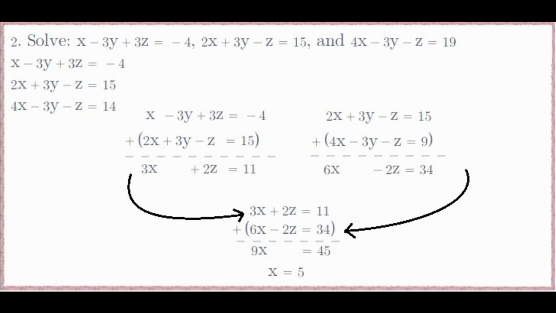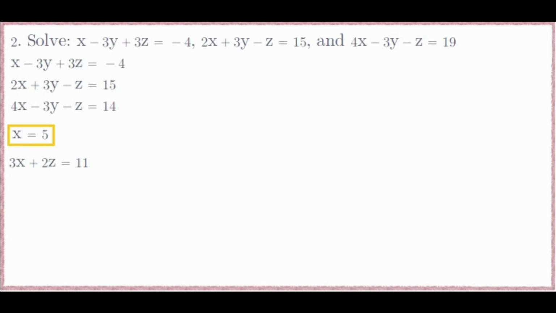We can then plug this into one of the other equations that only has x and another variable. Let's take 3x plus 2z equals 11 and plug in 5. So we get 15 plus 2z equals 11, or 2z equals -4, z equals -2.